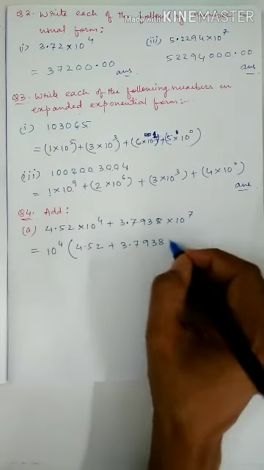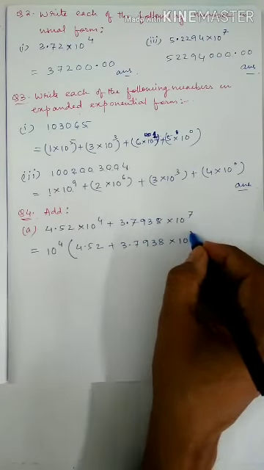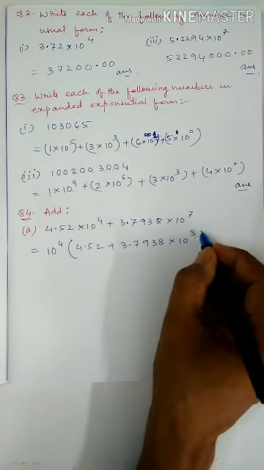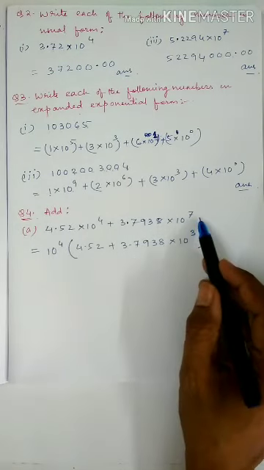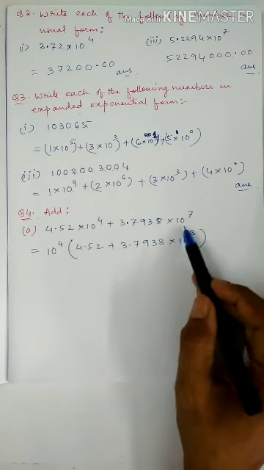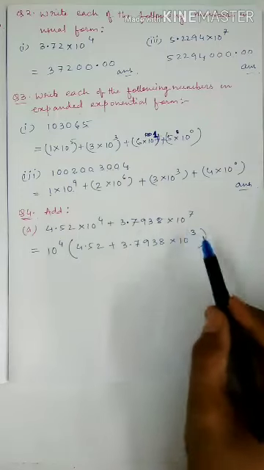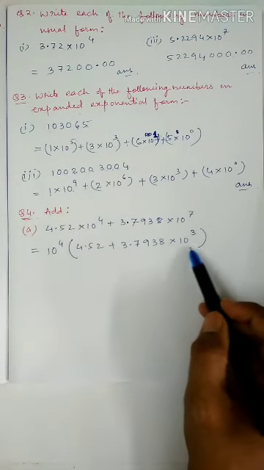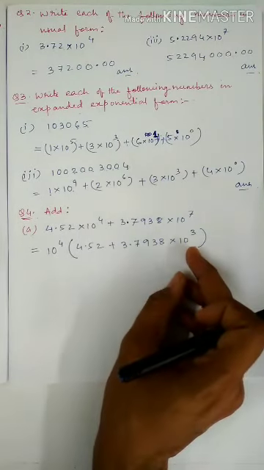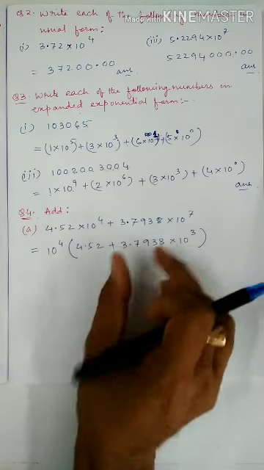And here if we divide by 10 to the power 4, what will remain? It will remain 10 to the power 3. Why? Because 7 minus 4 will be 3. We know that if we divide, then the power gets subtracted. So 10 to the power 3 will remain. Now we will multiply this 10 to the power 3 into this number.